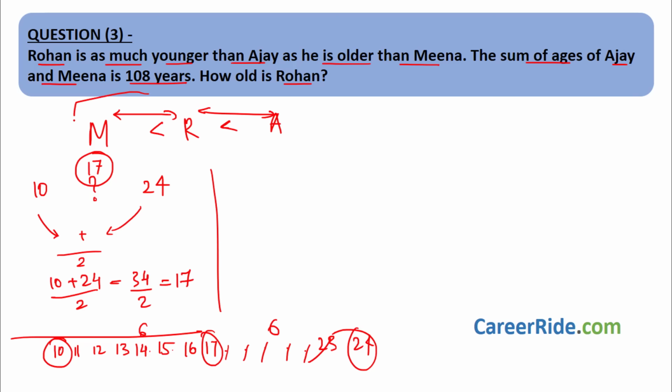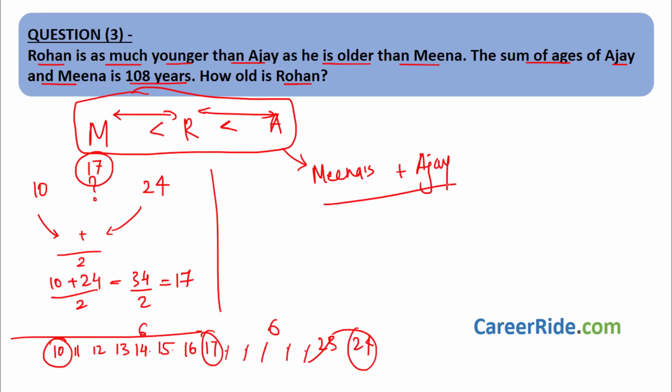Same way we have to consider this sum. The difference between Rohan and Ajay's age is the same as the difference between Rohan and Meena's age. So what exactly would be Rohan's age? It would be found out like 10 plus 24 divided by 2. Same way it would be found out as Meena's age plus Ajay's age divided by 2.